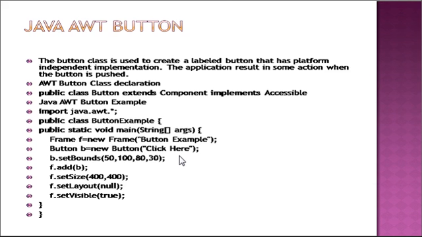We design a main method, public static void main. Frame is also a class, and we create an object f, which holds all the properties of the Frame class, like setBounds, add, setSize, setLayout, and setVisible.